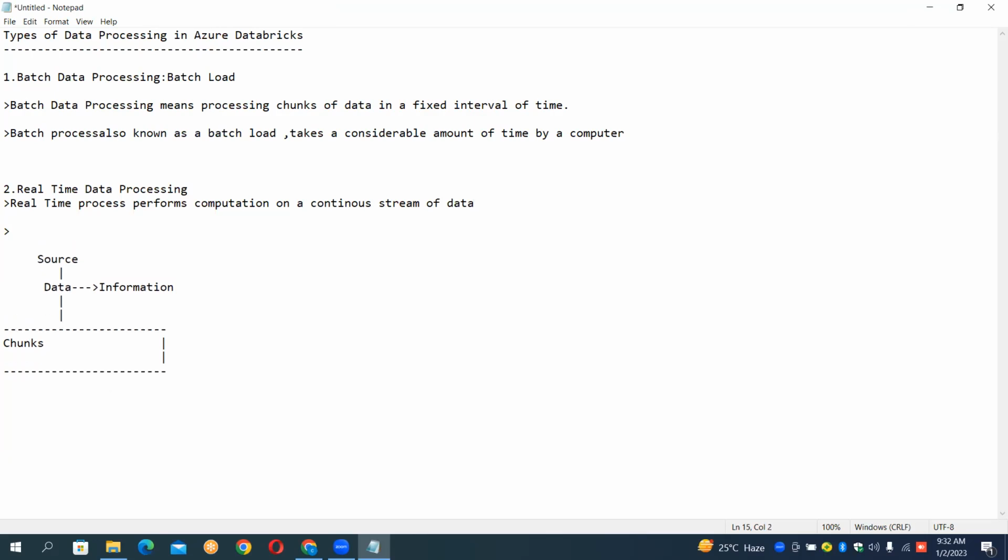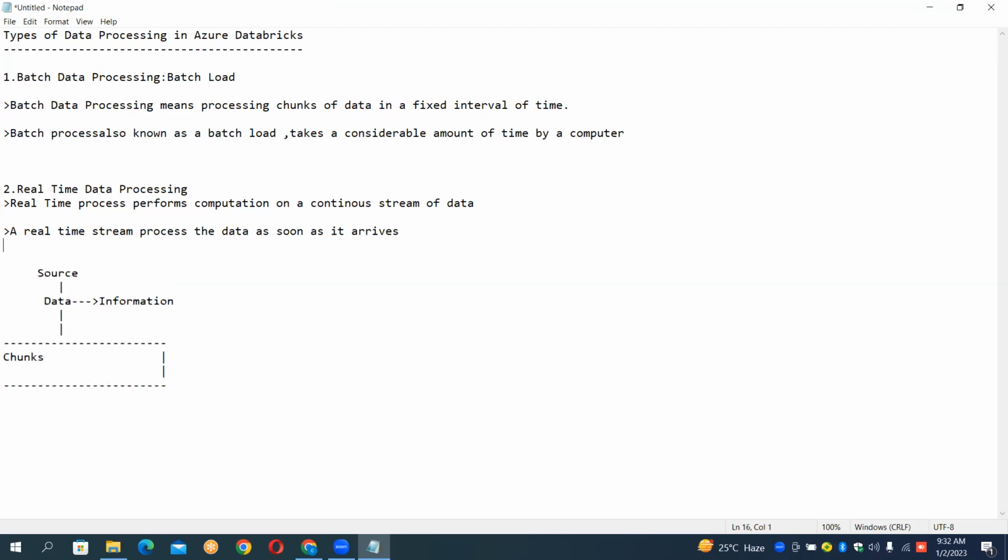Then we have a real-time stream process. The real-time stream process, the data is processed as soon as it arrives. Okay, as soon as it arrives.